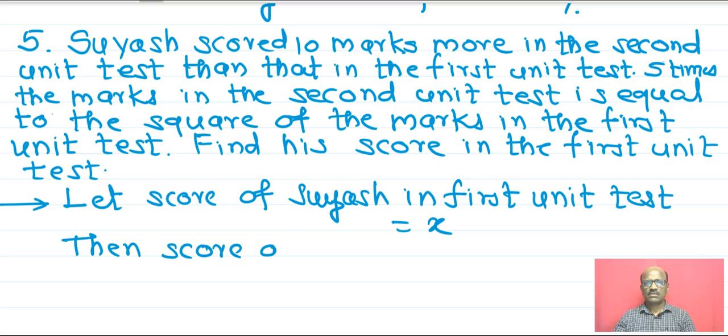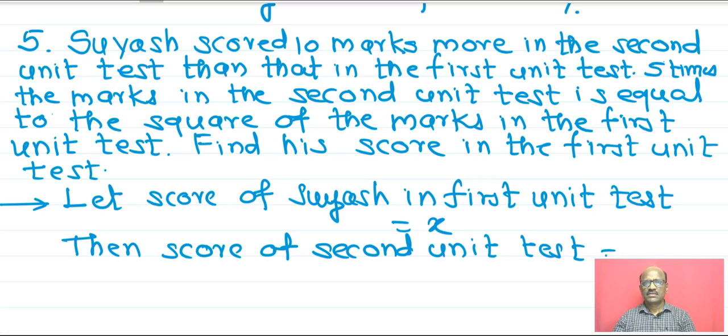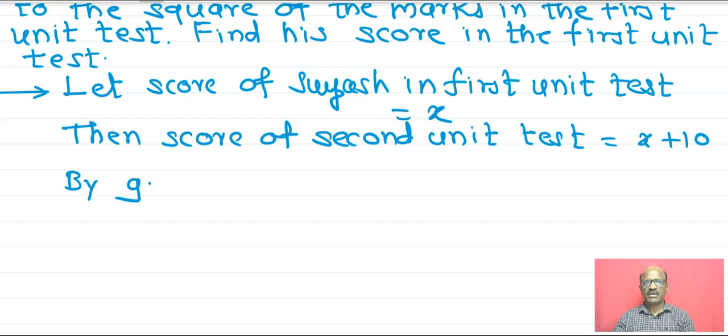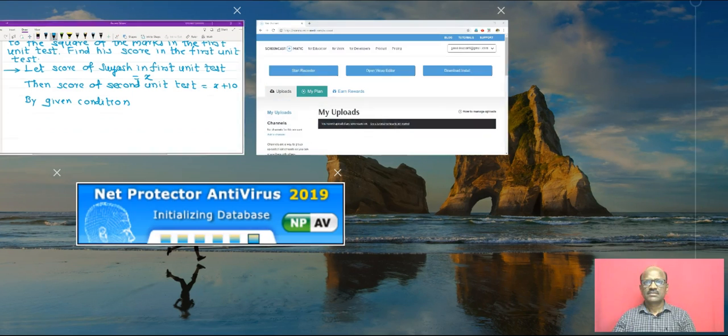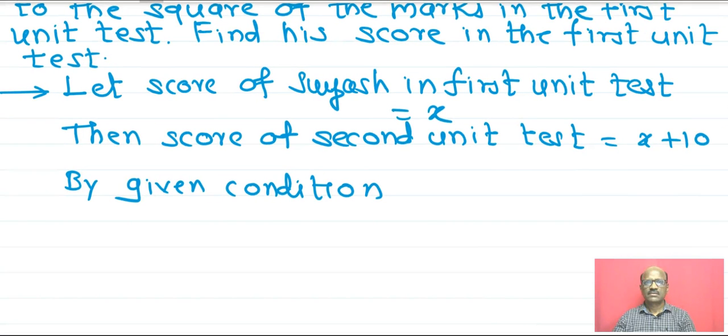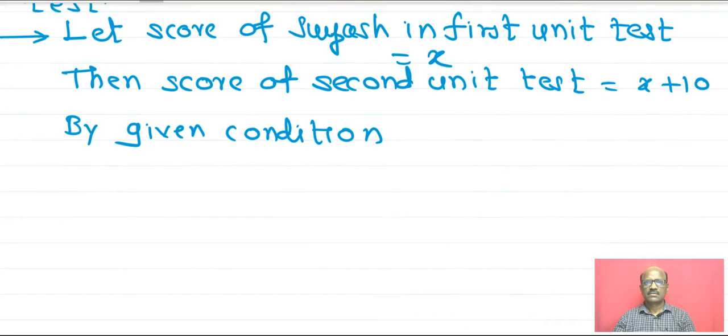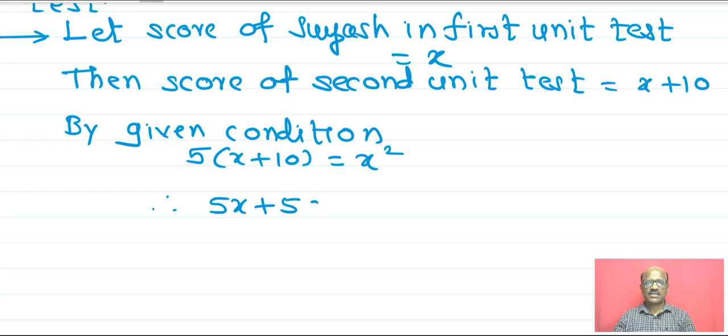Then the score in the second unit test is equal to x plus 10. By the given condition, 5 in bracket x plus 10 is equal to x square. Therefore, 5x plus 50 is equal to x square.